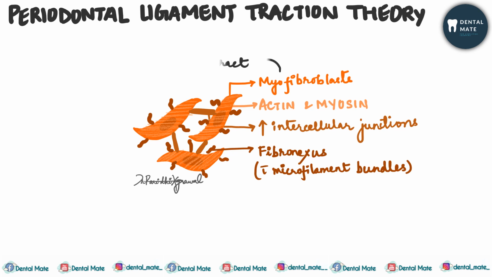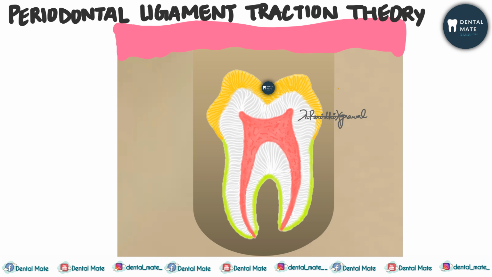So as the myofibroblasts contract, the intracellular attachments sum up all the contractile forces generated from all the myofibroblasts, and they are transferred into the fibronexus and then the collagen fibers which are attached to the tooth.